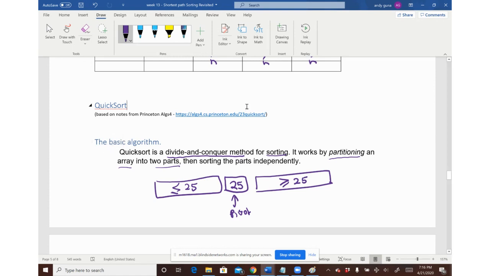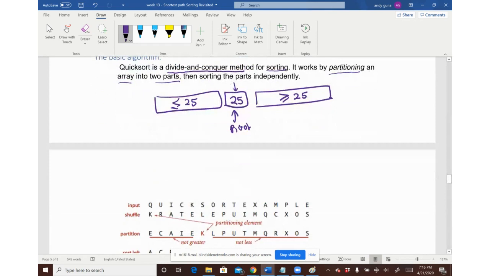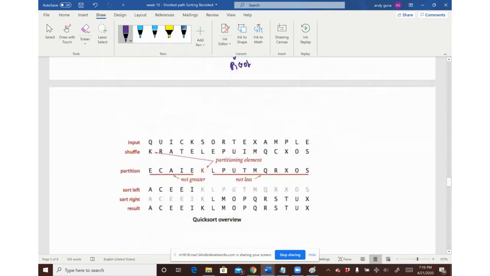And you might ask, why is this going to sort an array? That's because after you do the partitioning, the pivot is in the right place in the array. That's the goal. You will see some examples of that. So here's an example. Let's suppose we take the input, an array of characters, spelling quicksort example.